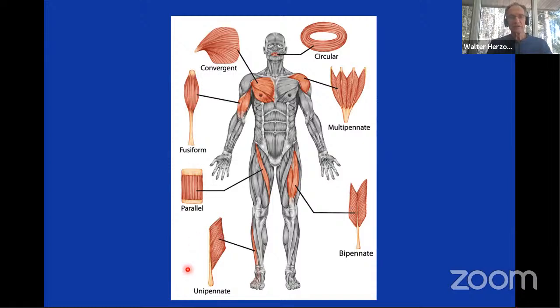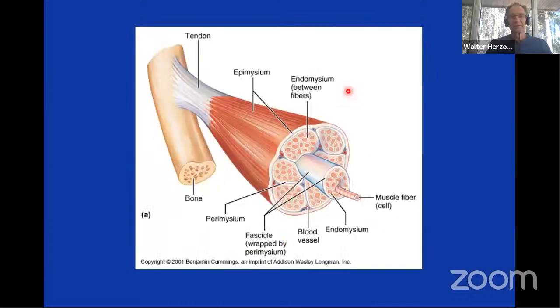And then muscles where the fiber direction is at a distinct angle to the long axis of the muscle, which we call pennate muscles. If you have one of those directions, then we call it unipennate. If you have two directions, we call it bipennate. And if it's more directions, we call it multipennate. And there are very distinct functional reasons why we have muscles of different shapes and different arrangements, but I'll not be talking about that today.